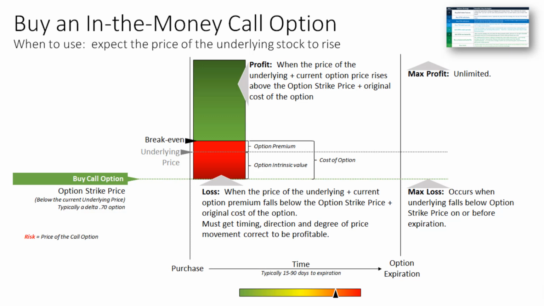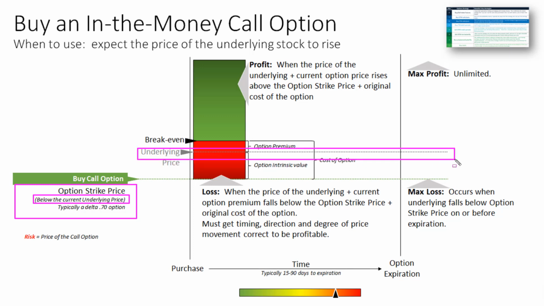So typically at Simpler Trading, we usually focus on buying an option strike price that is below the current underlying price. If you look at this graph, let's pretend the stock is called Cash Money, and the underlying price of that stock is $100.